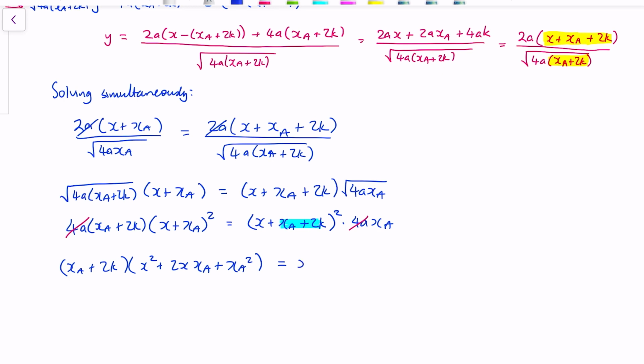So I'm going to get x squared plus 2 lots of x times xa plus 2k plus xa plus 2k all squared. And then I'll expand the extra brackets I've just created. And that's all times by xa.